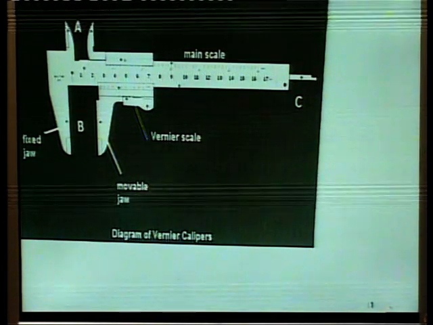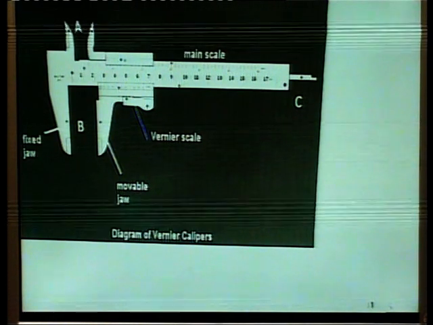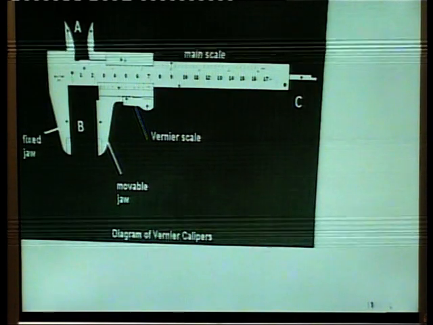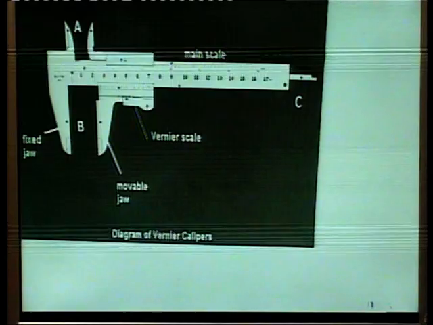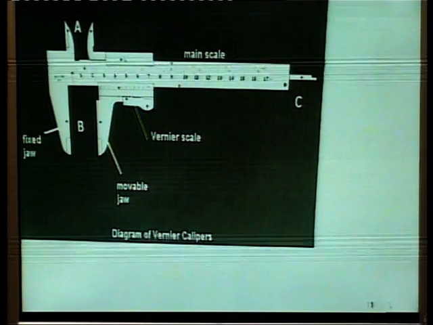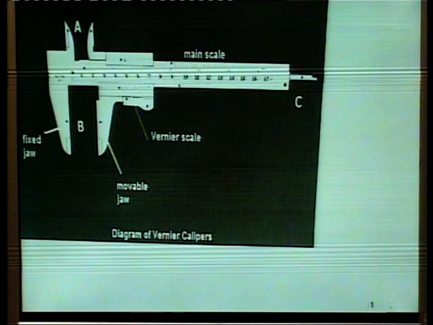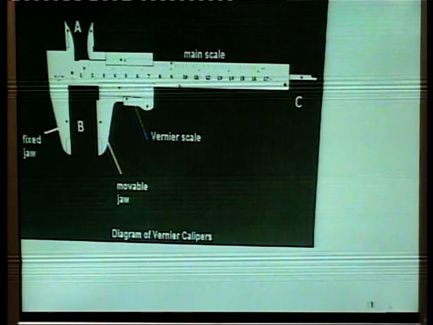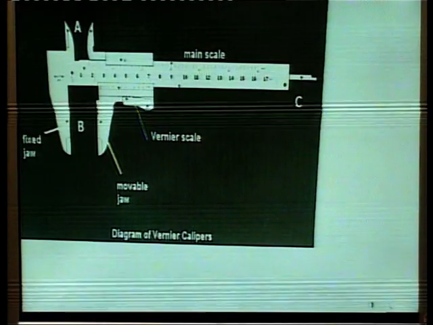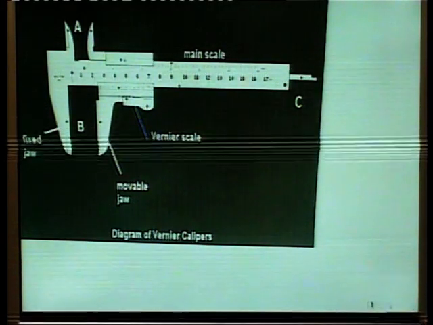As shown in this figure, the vernier caliper is an instrument used to measure the internal and external diameters of small tubes, depth of given vessels, diameter of thick wires, etc. So it has two scales. One is the vernier scale and the other is the main scale. The vernier scale is also called the sliding scale as it slides on the main scale, which is fixed.